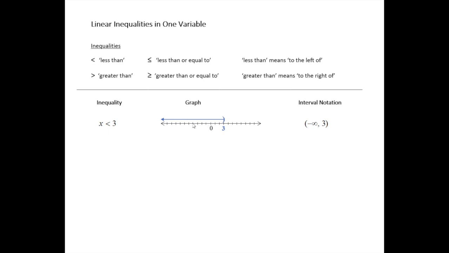Since this interval goes forever to the left, we write the lower bound as negative infinity, and the upper bound is 3. And just like with the graph, we use a round bracket when the endpoint is not included. Infinity is never included, so we always use a round bracket when we have negative or positive infinity.